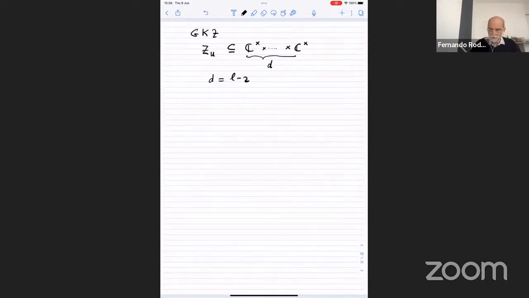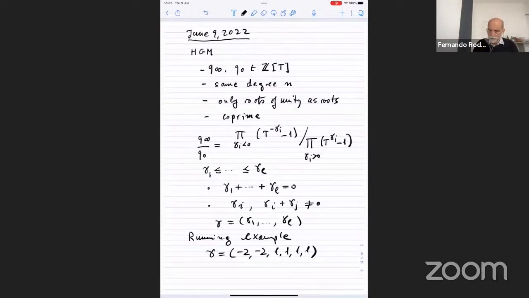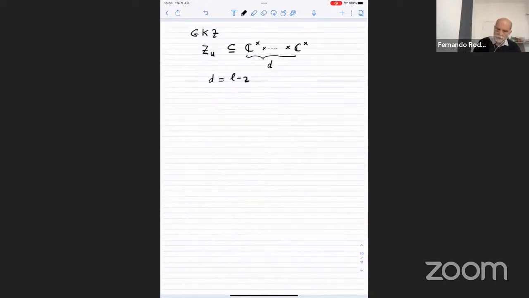It's going to be a little tedious to give this, but I want to give the precise definition. So L is the number of gammas, which is a somewhat erratic kind of invariant. For example, for the running example, L is 6. And as we'll see, the variety, as I'm defining it, is a hypersurface in this L-2 dimensional product of C stars, so itself of dimension L-3.